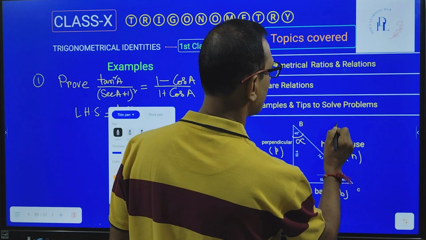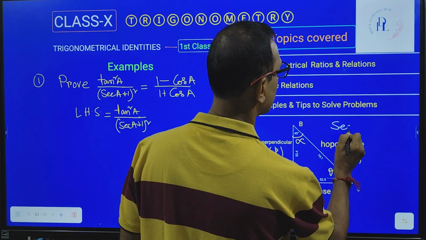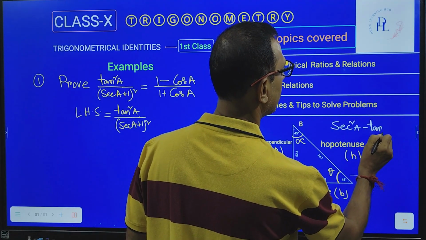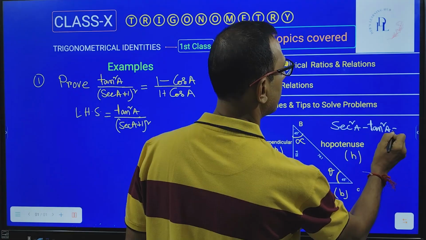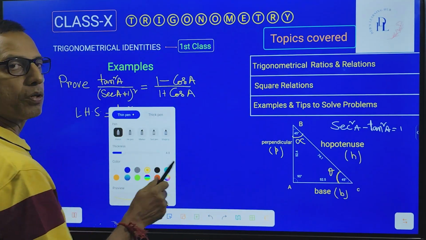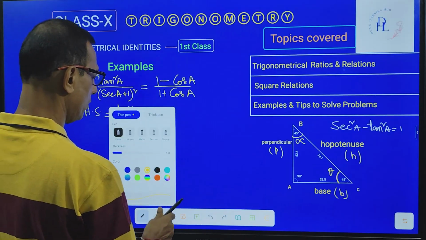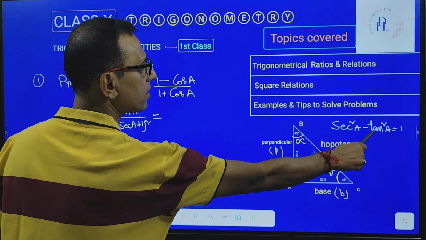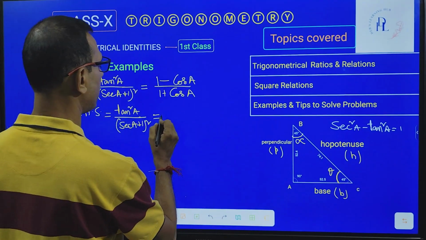The formula we know is sec square A minus tan square A equals 1, we have already proven this. So in that case tan square A means sec square A minus 1.